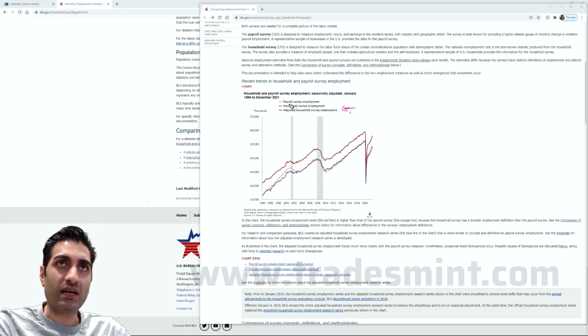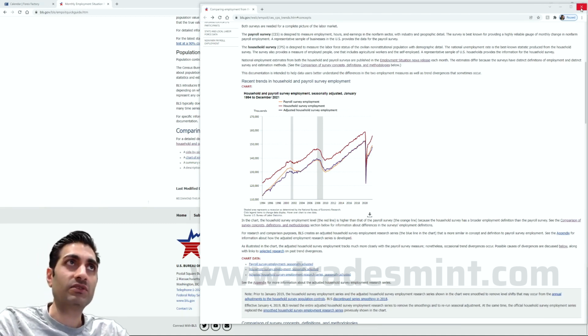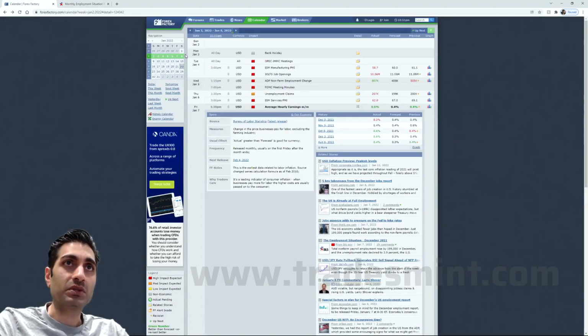So when it's stripped out, which is the blue, the adjusted, it is actually very, very close. So when they adjust this red line downwards to try and make it as similar as possible, can you see it's virtually identical? Okay, so that should give you some really good perspective on the two, to see that they are very, very similar, but obviously have different purposes.